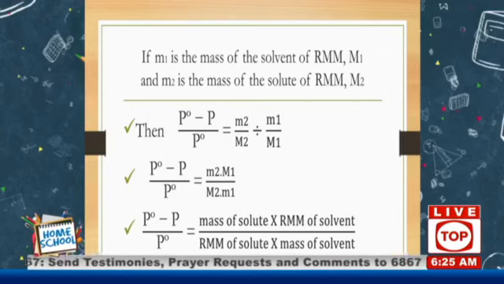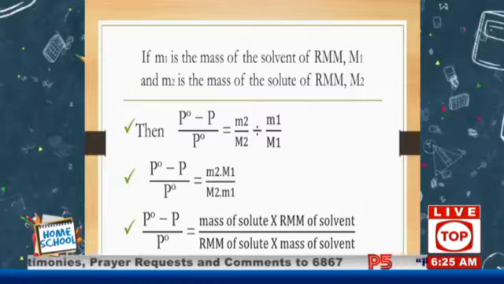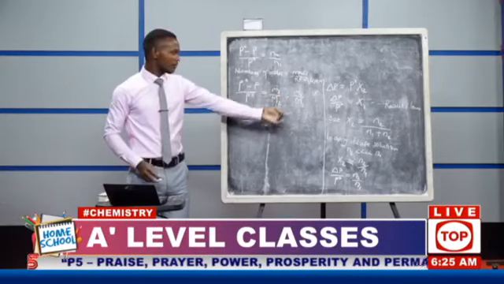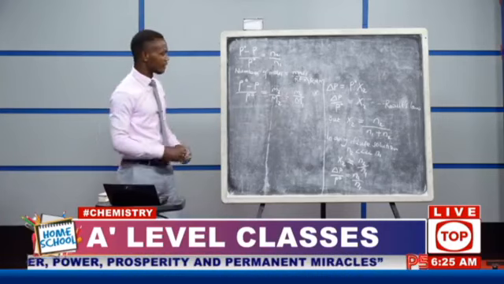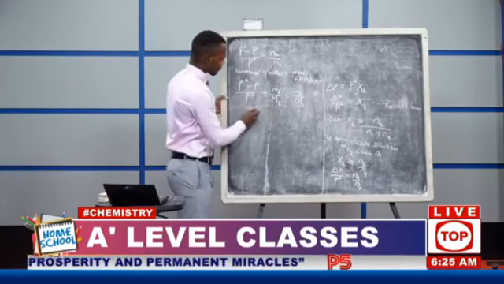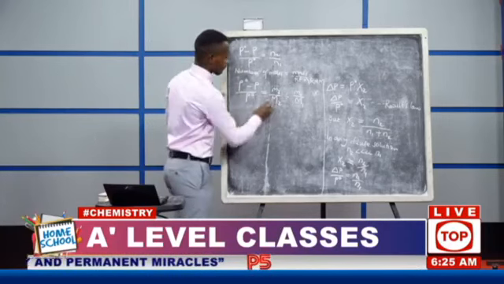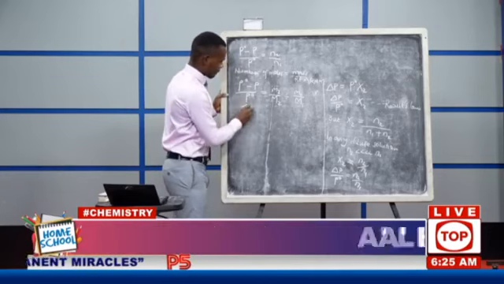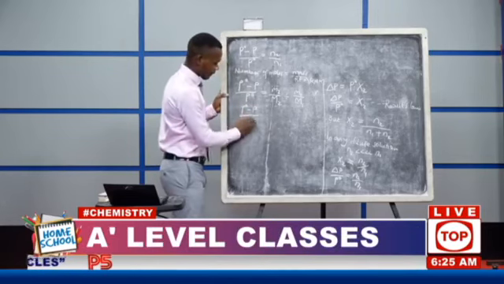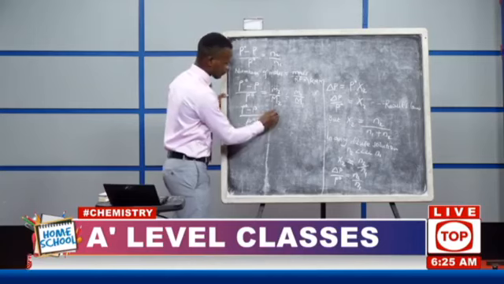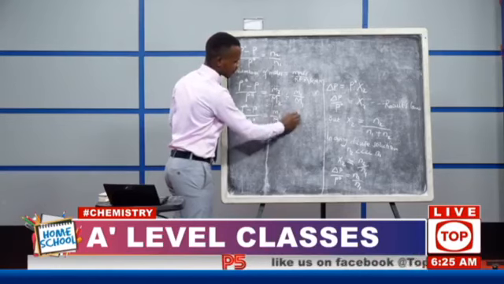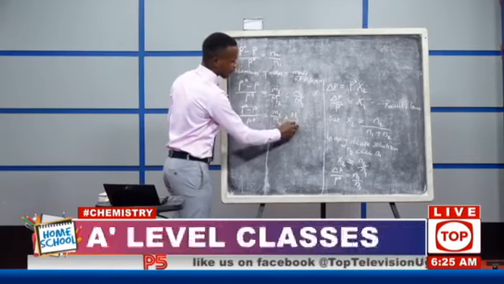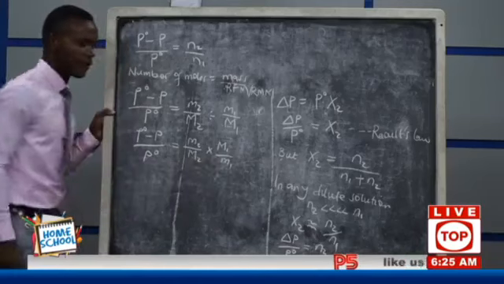You know, in mathematics where there is division, if we change it and put multiplication, the denominator will become the numerator. So here we shall say P naught minus P over P naught equal to small m2 over capital M2 times capital M1 over small m1.